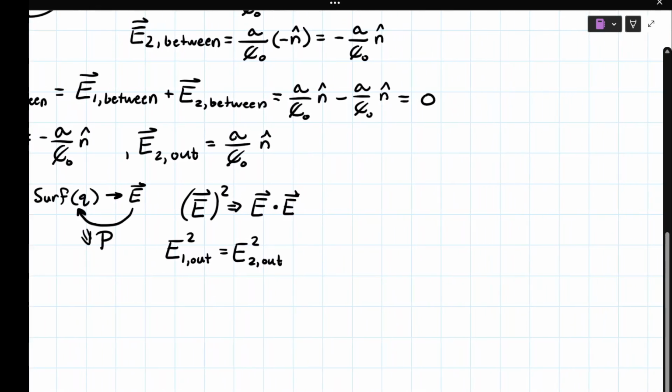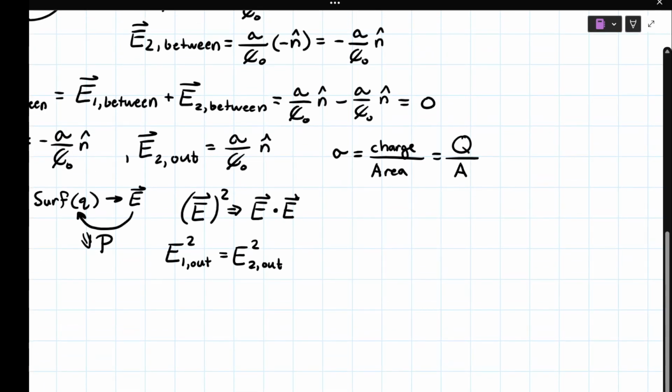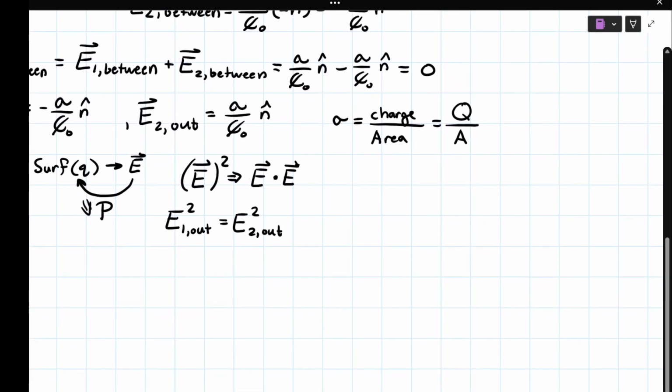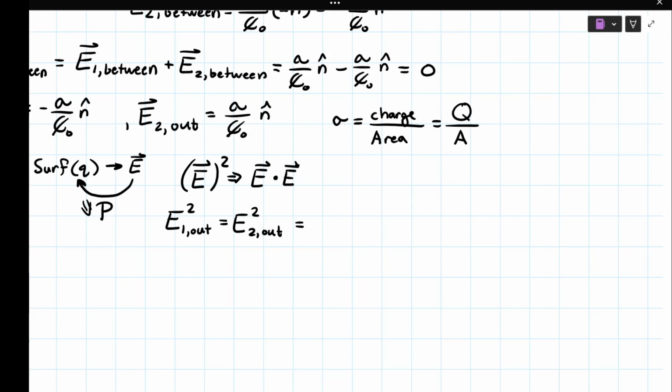So we need to know what sigma is. Sigma just means charge per unit area, so that's going to be the Q that we put on the surfaces over the area of the surfaces. Now we have E dotted E, and that's going to give us sigma over epsilon naught n hat dot sigma over epsilon naught n hat.